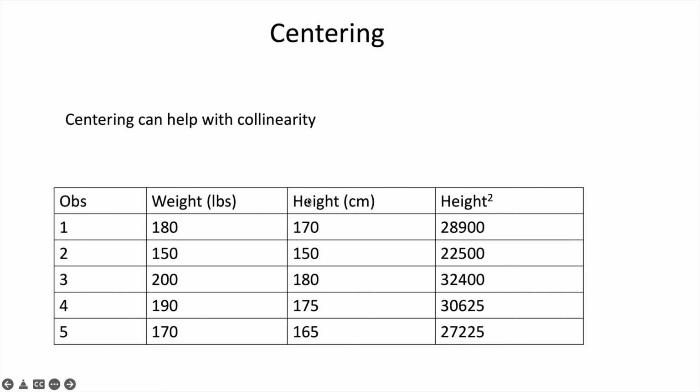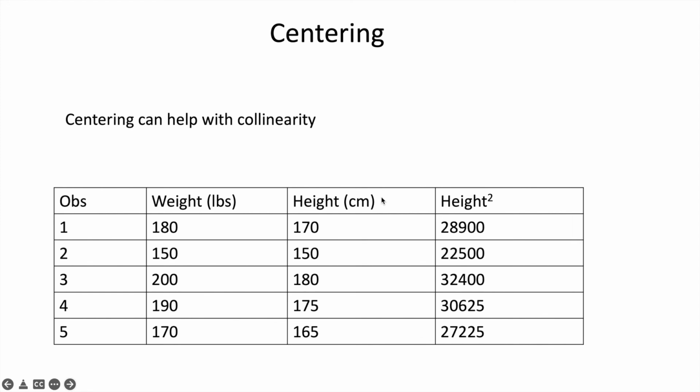But this introduces an issue of collinearity, where collinearity is the idea that these two are contributing the exact same information, or at least one is a function of the other, and that's exactly what's happening here, almost perfectly, in the sense that every value of height squared is a function of its corresponding value of height, so it's just height squared.